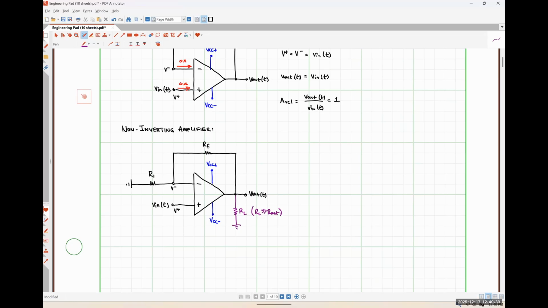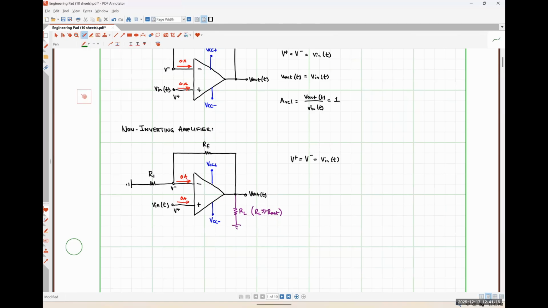Once again, I'm going to note that no current can flow into or out of my input terminals. By inspection, I think we can very easily see that the voltage at the non-inverting input, which will be the same thing as the voltage at the inverting input, is just going to be Vin as a function of time. And so now I'm going to apply Kirchhoff's current law at my inverting input node.